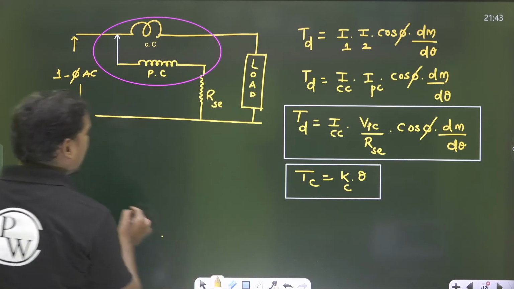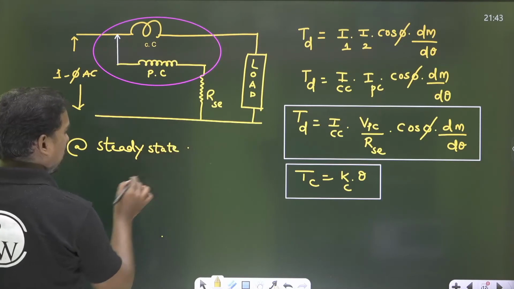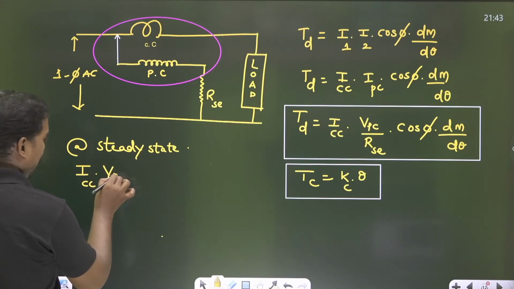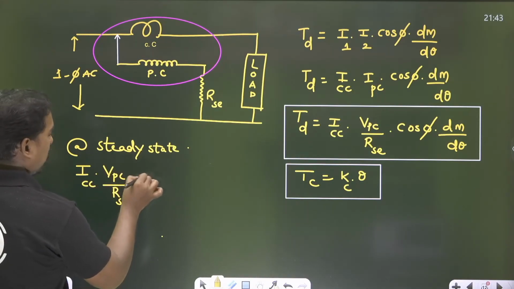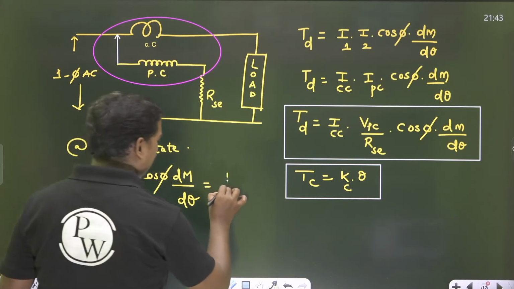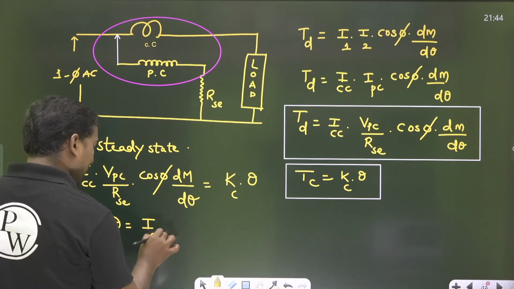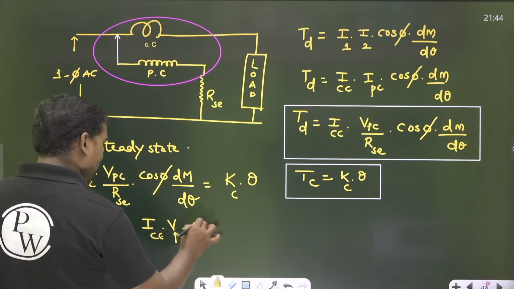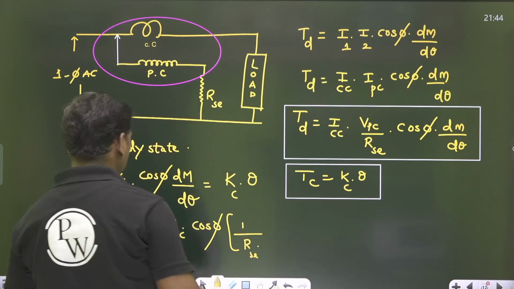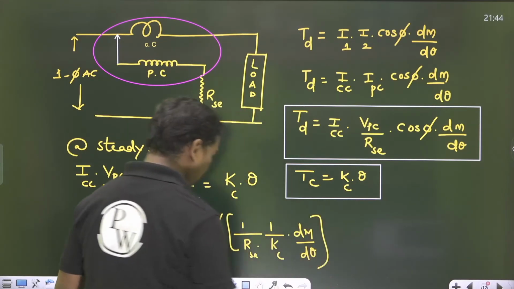So now at steady state, TD is equal to TC. If you check it, ICC EPC by R series cos phi dM by d theta is equal to K into theta. So theta is equal to ICC EPC cos phi times 1 by R series resistor, 1 by K, dM by d theta.